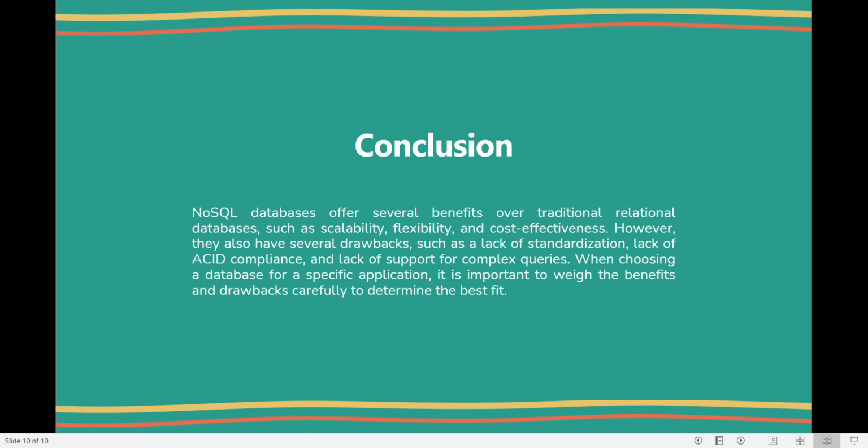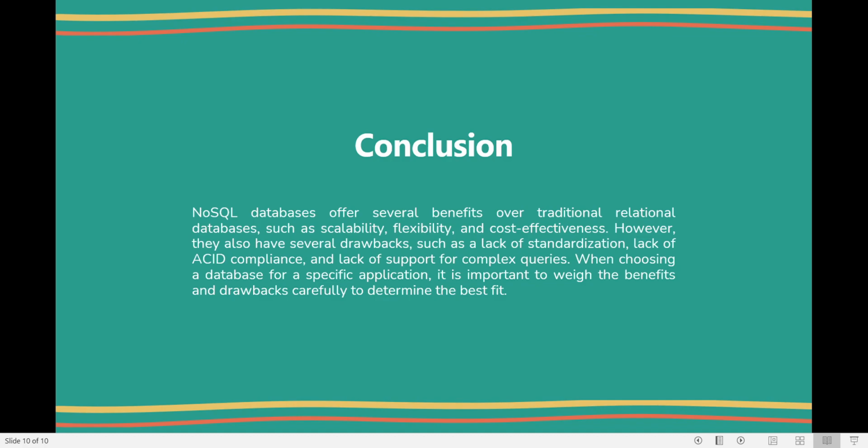However, they also have several drawbacks, such as lack of standardization, lack of ACID compliance, and lack of support for complex queries.